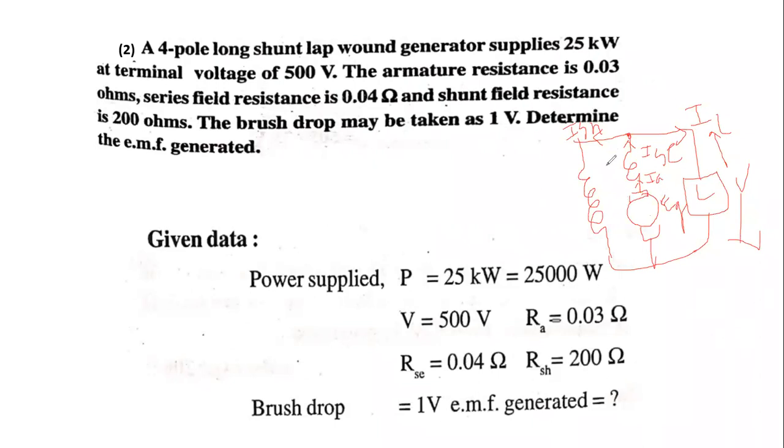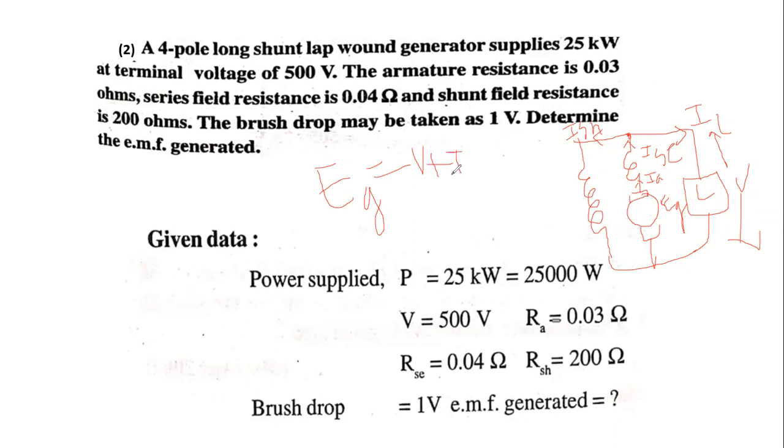After drawing the diagram for the long shunt compound generator, we write down the equations for voltage and current. What is the EG equation? EG is equal to V plus IA RA plus ISC RSC.